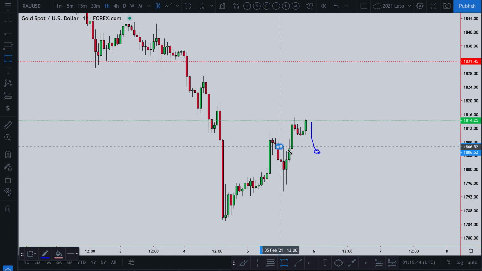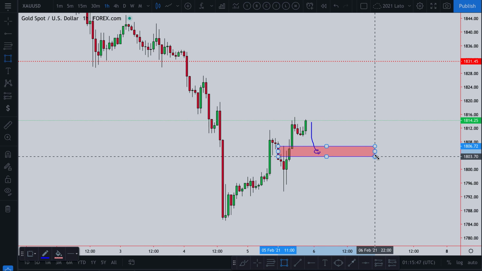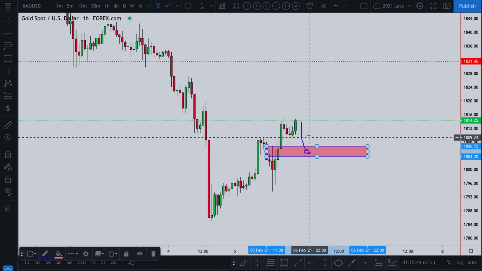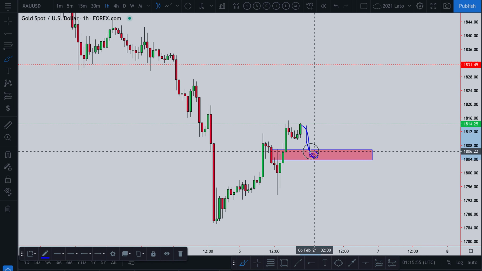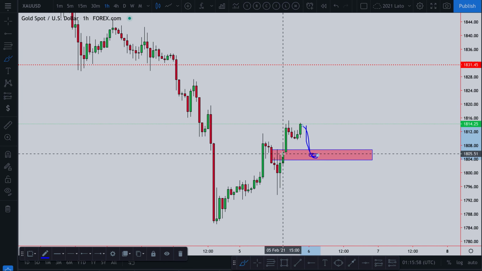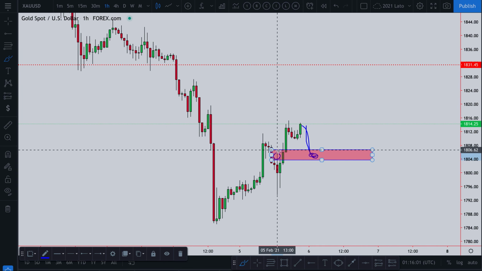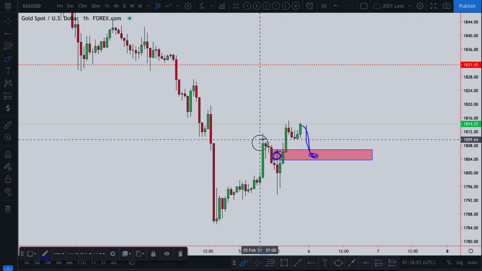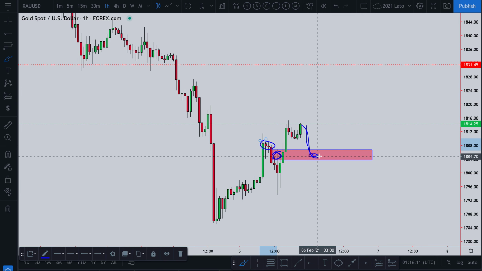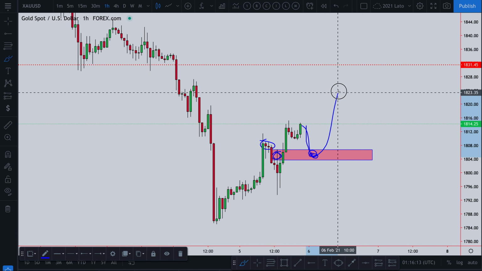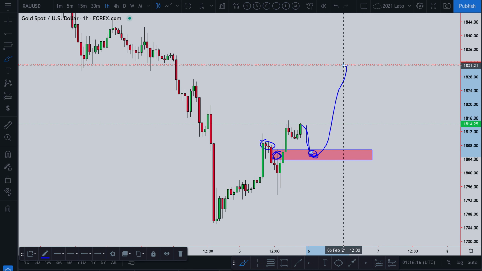Because when the market comes back to that area, it will definitely find strong support, whether this support or that support. When it finds the support, from that zone the market could go up towards your near-term target. That's what I can see from the intraday view.